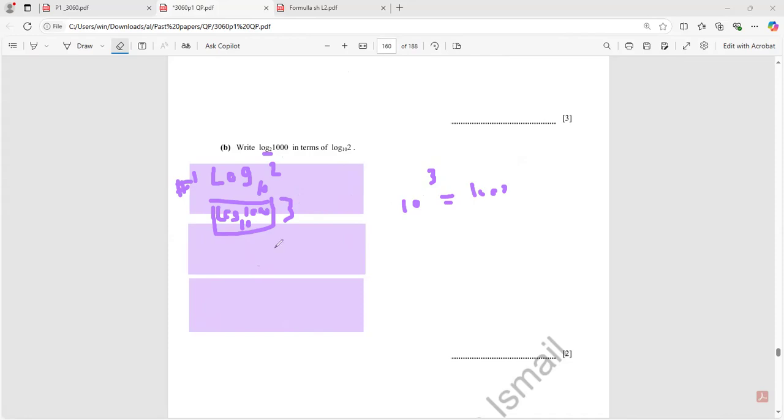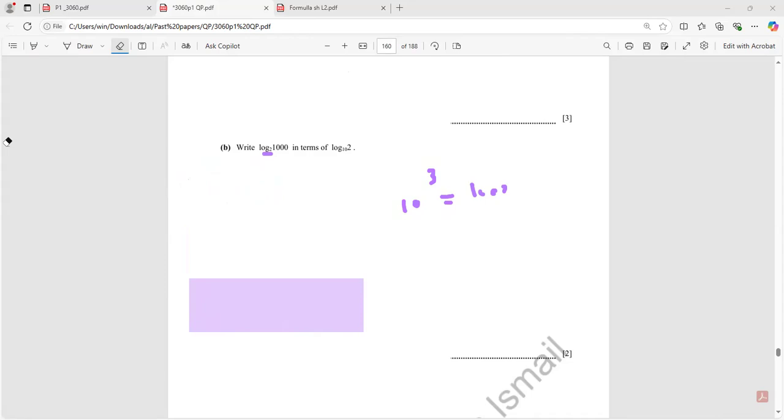Yes, it's like this. We change it according to log 1000 over log 2.